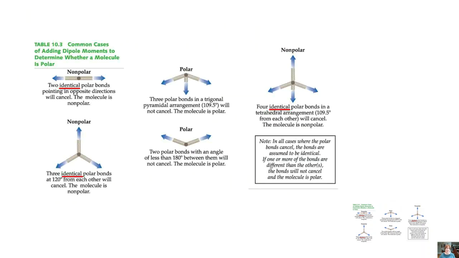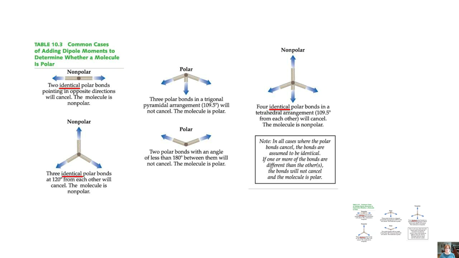Here's a couple of examples we'll keep looking through. If I have 2 identical polar bonds pointing in opposite directions in a linear case, that's going to be nonpolar. If I have 3 identical bonds in a trigonal planar case, that's going to be nonpolar by symmetry. Those are canceling cases. And then I have lots of polar cases. So if I have a trigonal pyramidal that has lone pairs on that center atom, then I have a polar molecule if I have at least 1 polar bond.